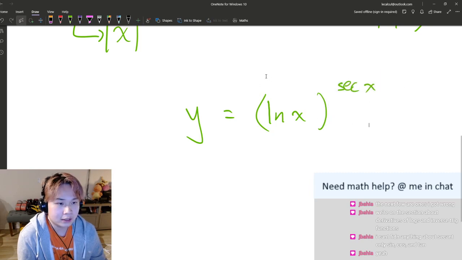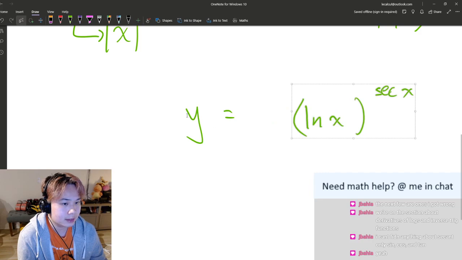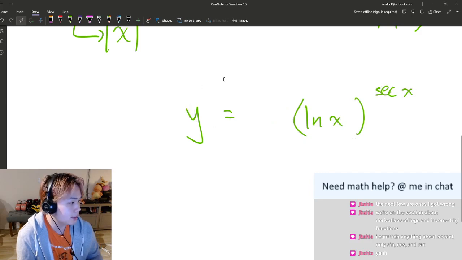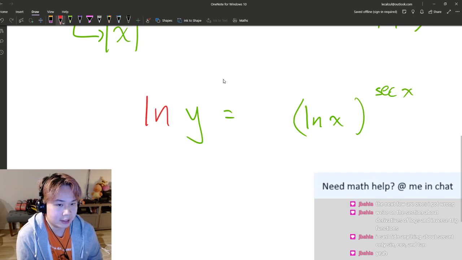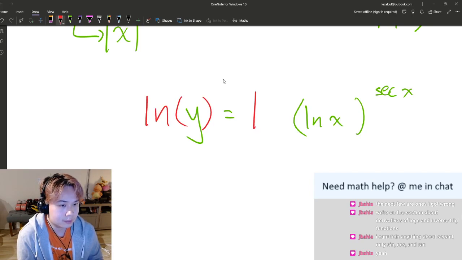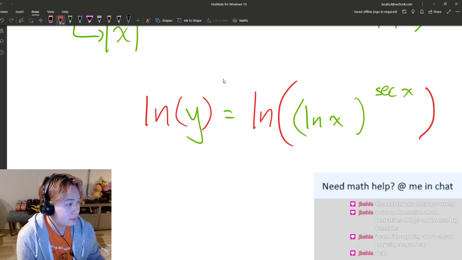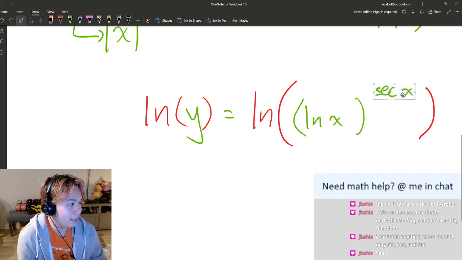Well, that's fine. We can just turn it into a log. So what we do is we log both sides. Natural log. So now I can take this out of this new natural log that I have.